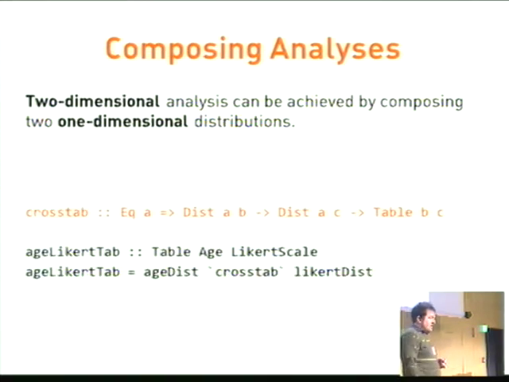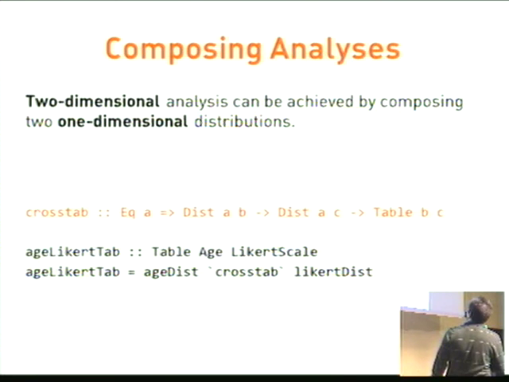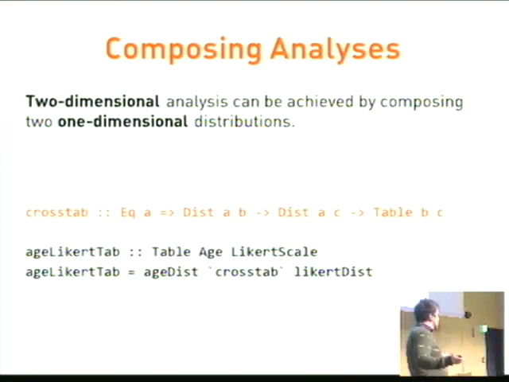We can make use of the crosstab function, of course, to produce a cross tabulation. This takes two distributions. If we create an age distribution in exactly the same way that we created a Likert distribution, pass those together, it creates the table. You can see also the distributions have to come from the same survey, but be interested in potentially two different types.